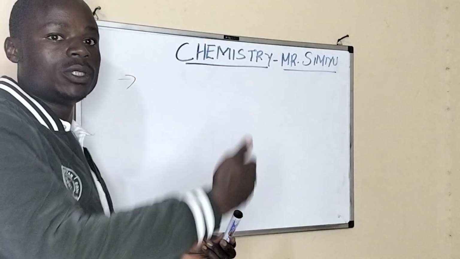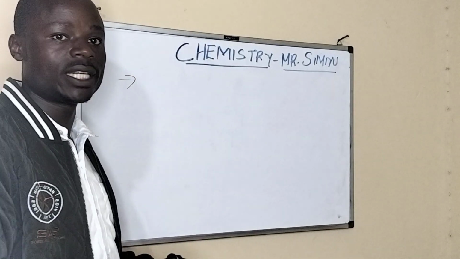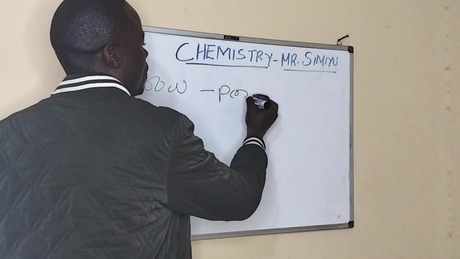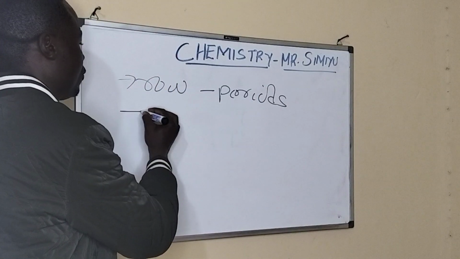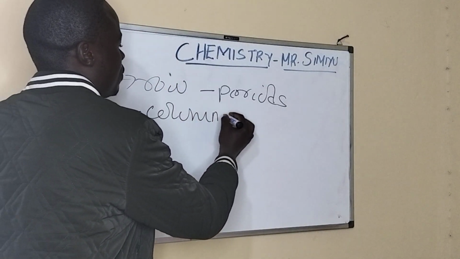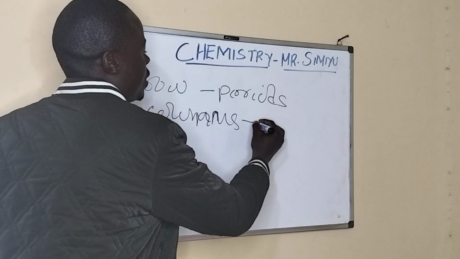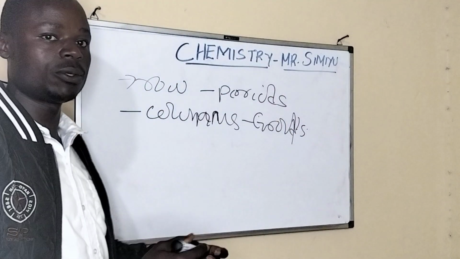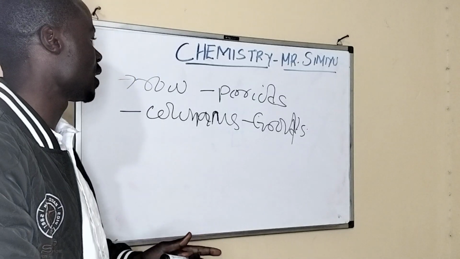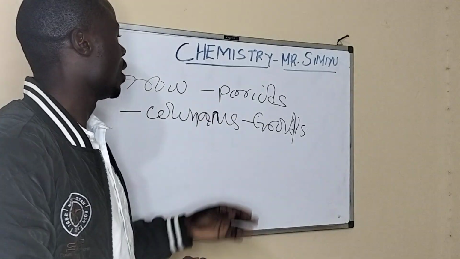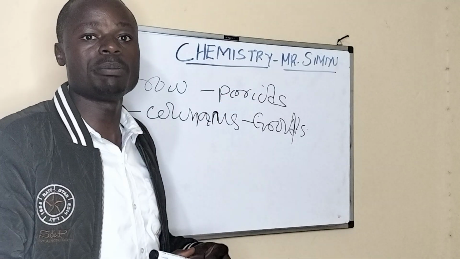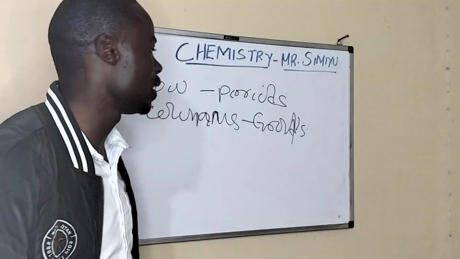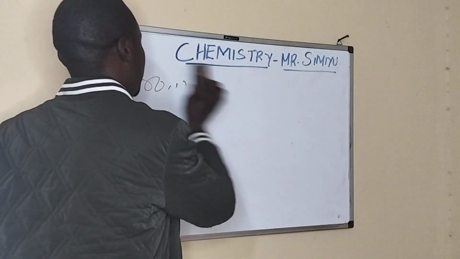When you move down in the periodic table, that is in rows, that is periods, and then we have columns, that is the groups. Moving down the group, you find that those elements have been arranged. In periods, we arrange those elements because of the energy levels. Those elements have been arranged in energy levels and in groups.